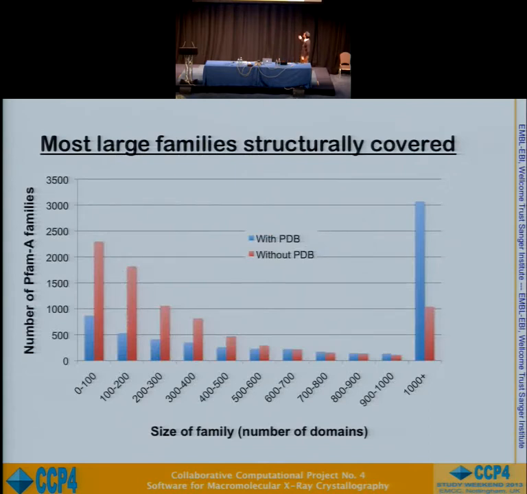So families that have more than 1,000 members, 1,000 domains in different proteins, or orthologs, or paralogs in the same protein, essentially 75% of these are covered by PDB structures. So the structures we have cover the largest families, while for the smaller families, we still have a lot to cover. But that's a good sign, right? It means that our structures actually cover a larger portion of the sequence space than the sheer number of families would make you guess.